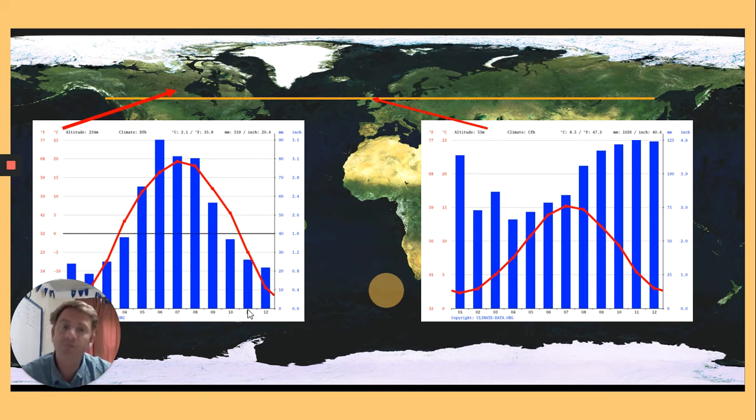So for those 4, maybe 5 months a year in the Lake District, the water freezes during the night, melts during the day, freezes during the night, melts during the day. Freeze-thaw. Whereas over in Canada, we've just seen that it's going to freeze in November and stay frozen the whole time. Now, why is that important?